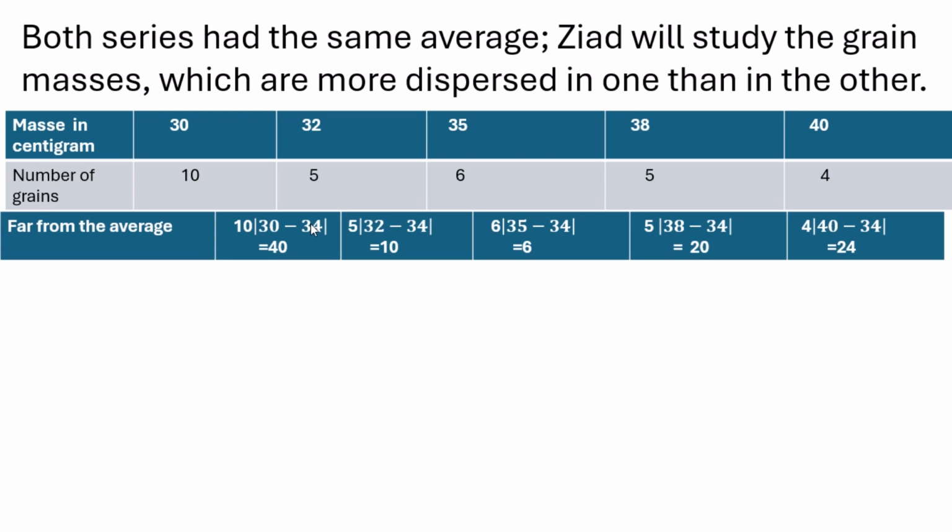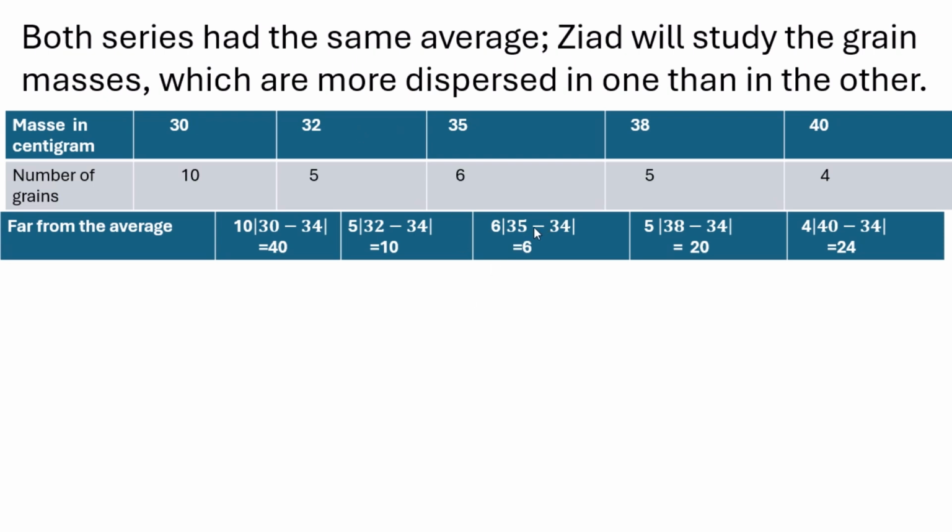The absolute value of a negative number, for example, the absolute value of minus 5 equals 5. Absolute of minus 7 equals 7. The absolute of a positive number equals the number itself. The absolute of a negative number equals minus the number. Absolute of 10 equals 10.